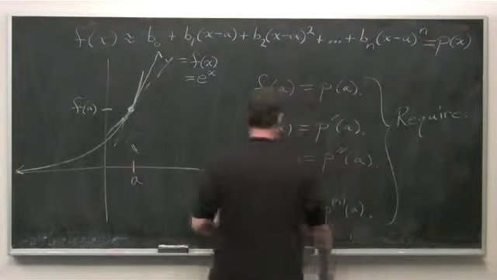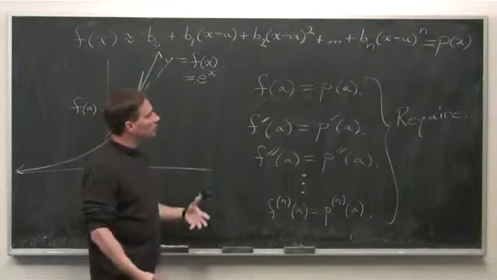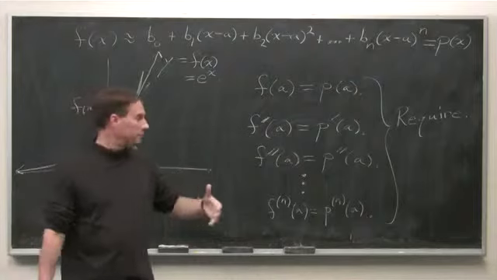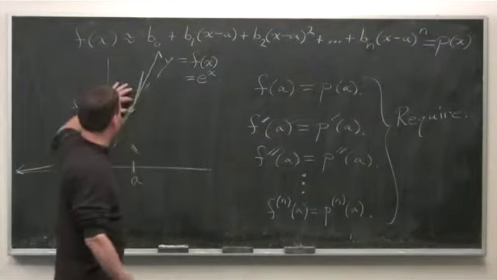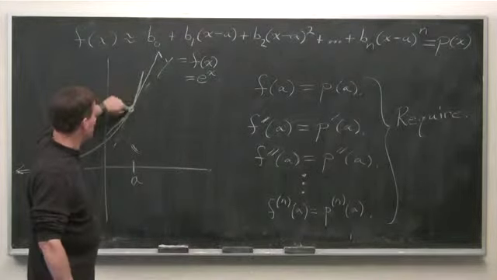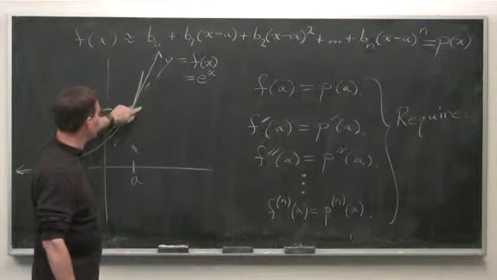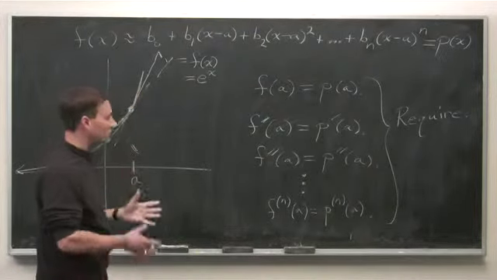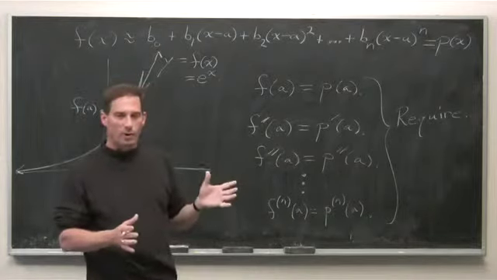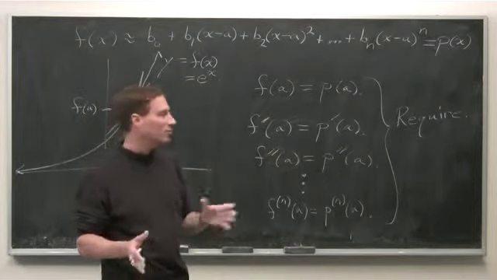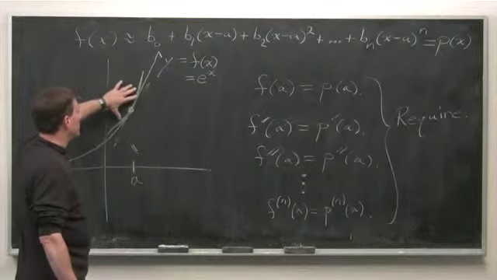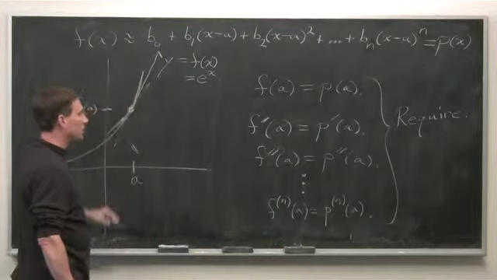But the point is, by forcing the derivatives of the polynomial and the derivatives of f to be the same at a up to a high degree, you're doing your best to make the curves match as well as you can right at that point, and by controlling the derivatives, how fast the function's growing and how fast the growing is growing, the curves should be very close together for x close to a.